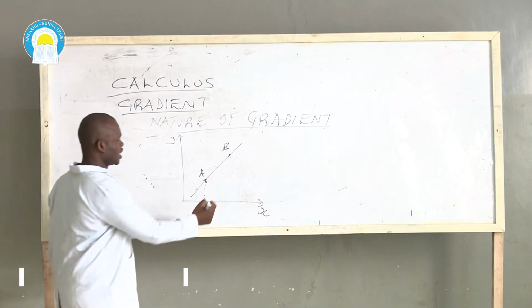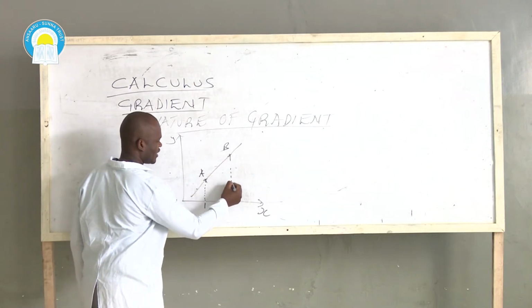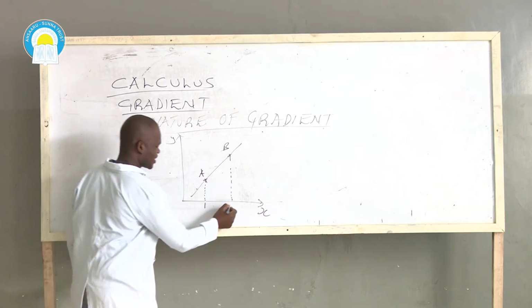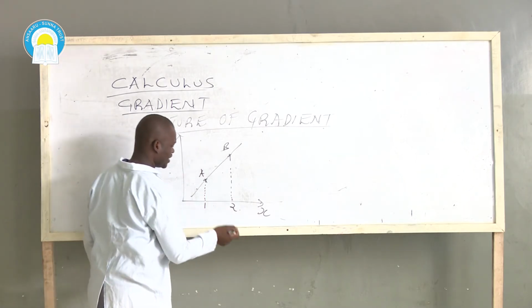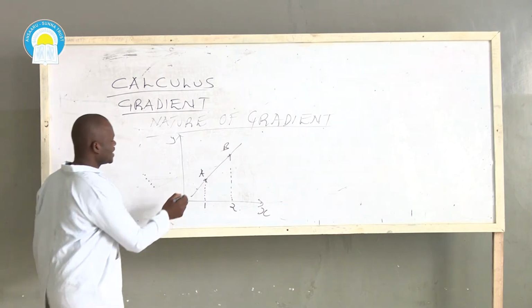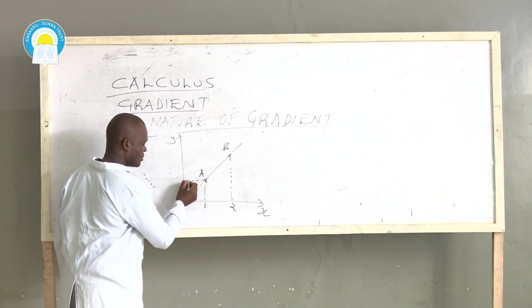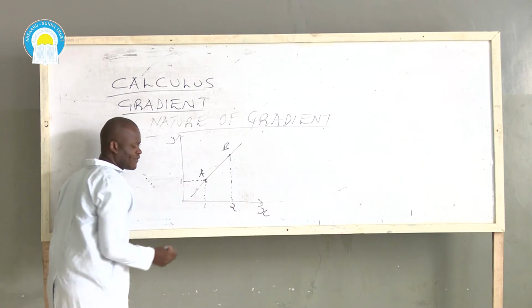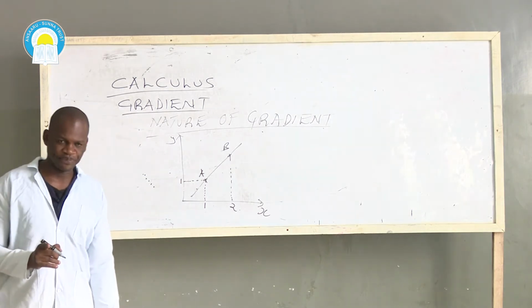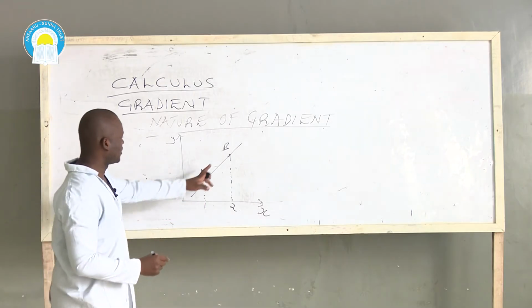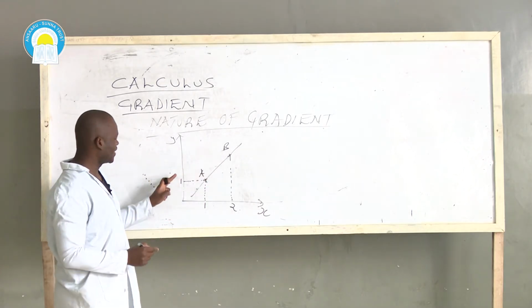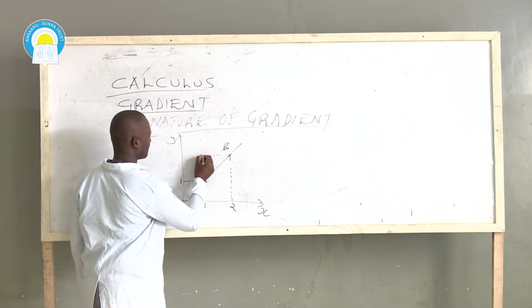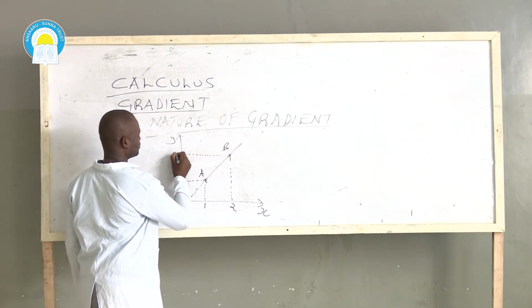It implies point B will have a value more than 1, and we can choose an example of 2. In terms of the y value, if I choose point A to have a y value of 1, we are saying point B should have a value which is more than 1.